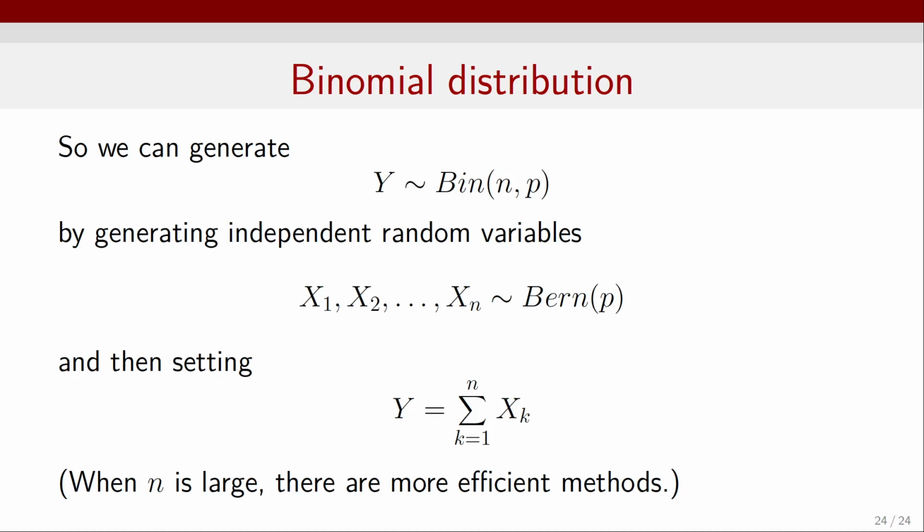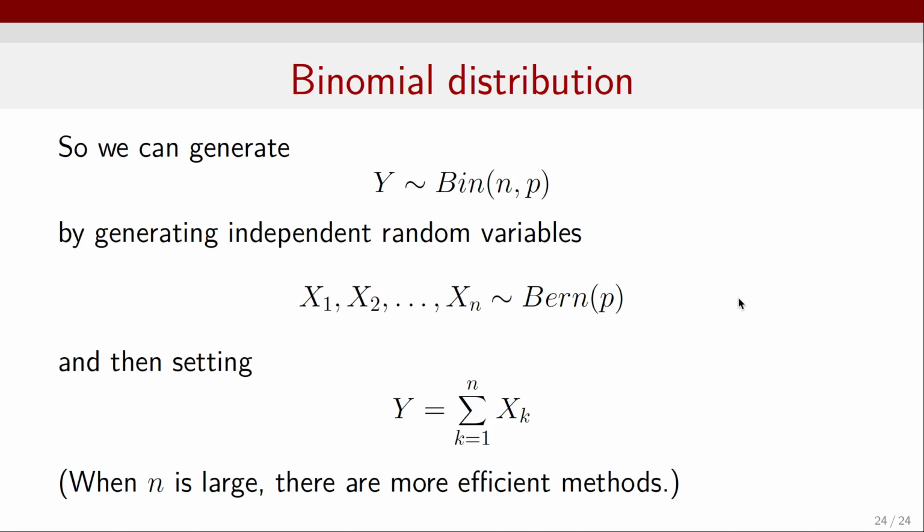And then we can set y equal to the sum of all those independent random variables, and we have a sum from 1 up to n. And then we get a number y, which is binomially distributed with parameters n and p.